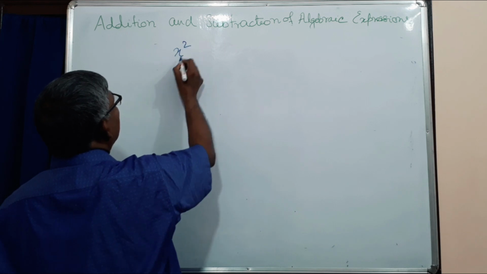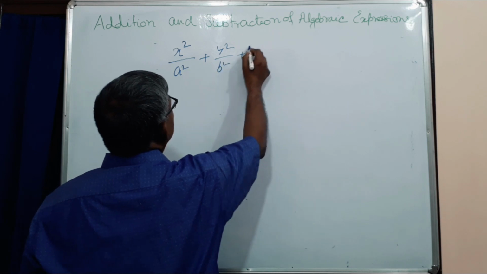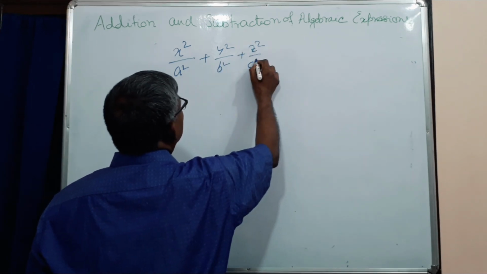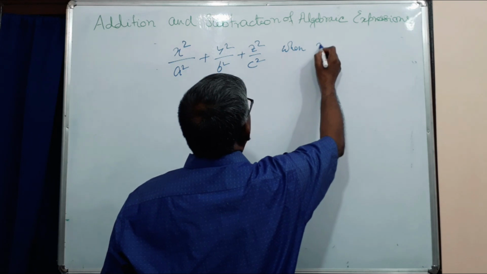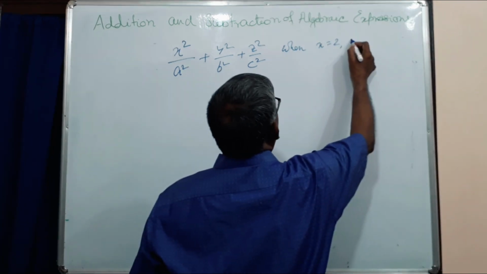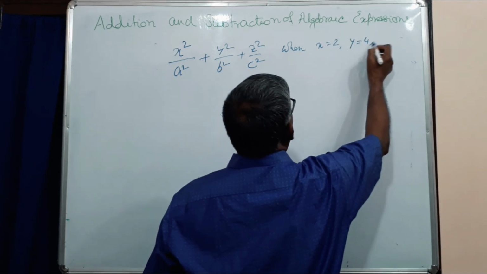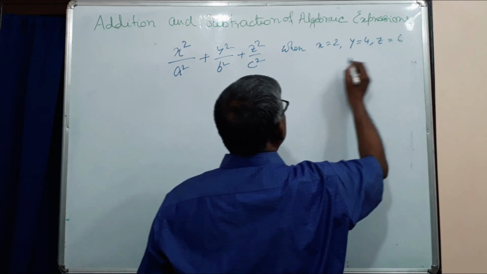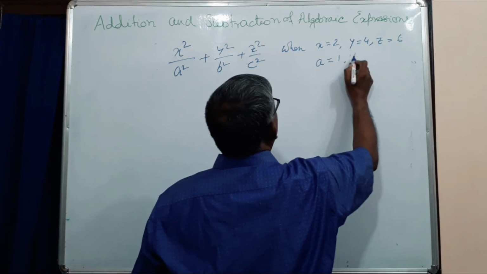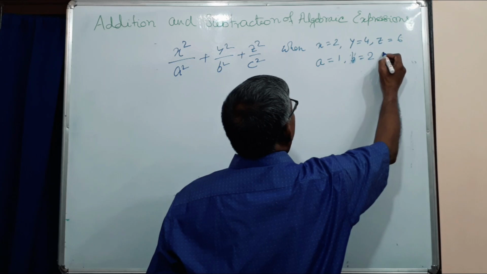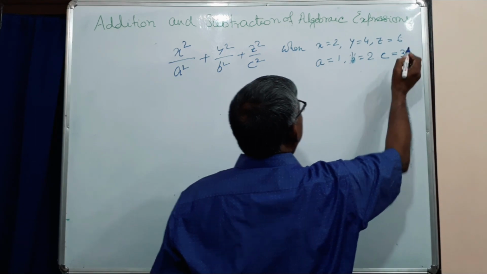Suppose we have to find out the value of x square by a square plus y square by b square plus z square by c square, where x equal to 2, y equals to 4, z equals to 6 and a equals to 1, b equals to 2 and c equals to suppose 3.